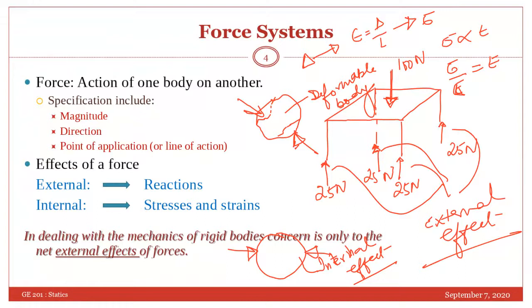There we will try to find out the internal forces, because this stress, if you multiply with the cross section area, converts into the internal force. So in the case of truss or beam, we will also find out the internal forces. That is the place where the body will be treated as a deformable body. Otherwise, almost everywhere in the rest of the course, we will be treating our body as a rigid body, so there will be no internal forces.